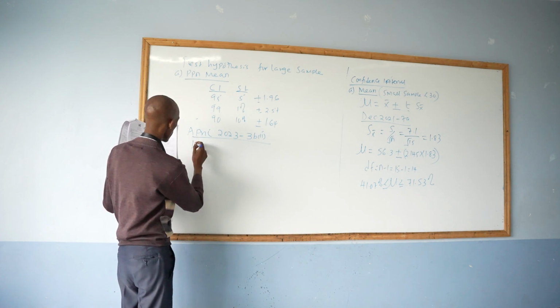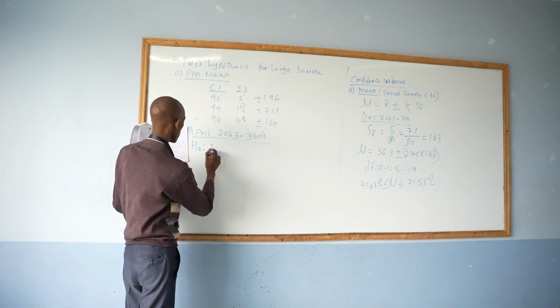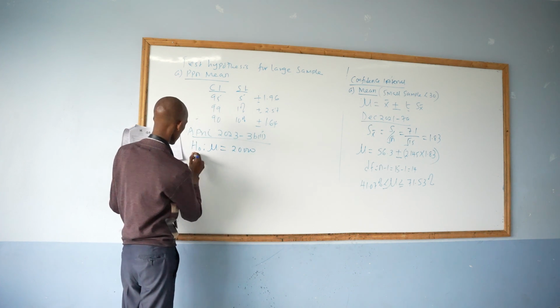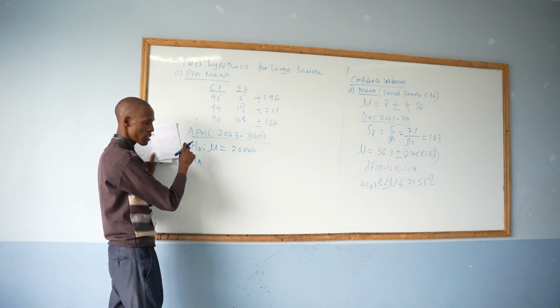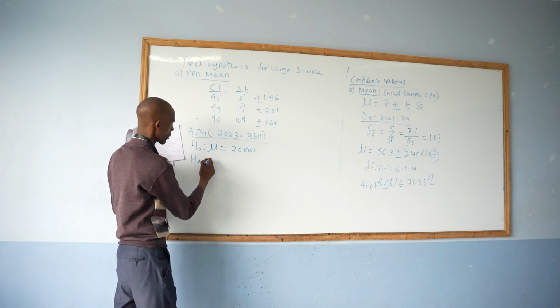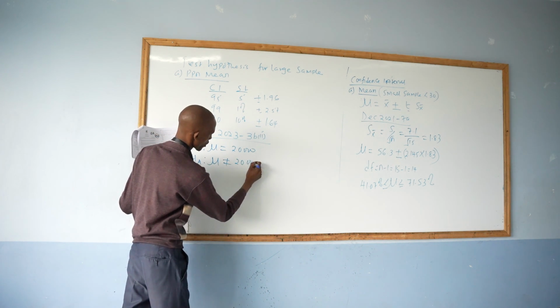So we are saying the null hypothesis is the one which agrees with the claim that the mean of the population is 20,000. Remember, the null hypothesis we write as H0, and the alternative goes contrary to that: the mean is not 20,000.